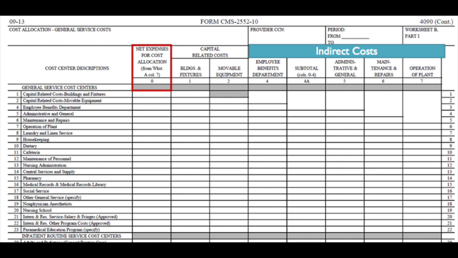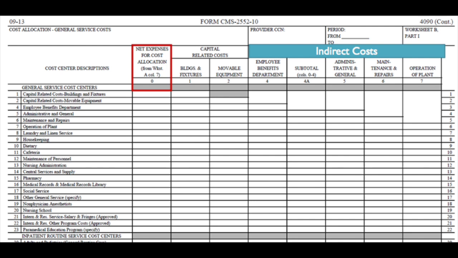With that said, we are going to focus on general service costs and the statistical basis for now, being that general service and capital related are very similar in terms of what's being done. It's just that one is focused on capital.